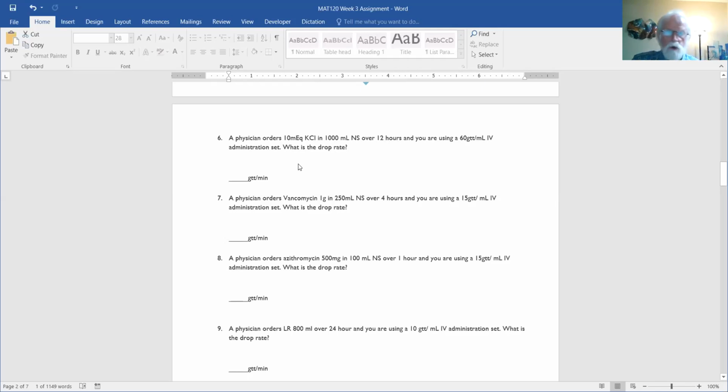You'll see this with units as well, for things like heparin or injectable penicillins and other injectable antibiotics. The units, milliequivalents, if you're a chemist, can be converted easily to grams or milligrams.